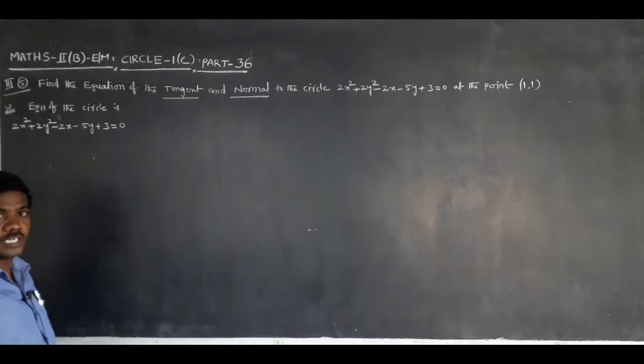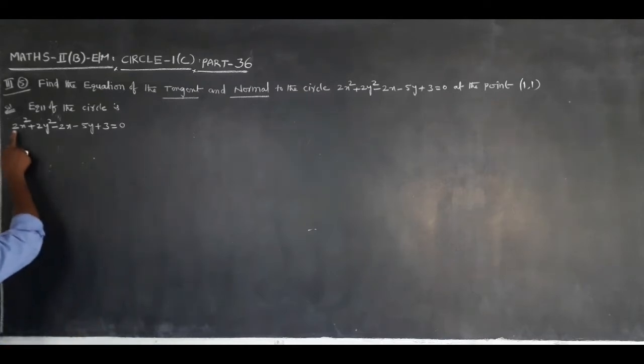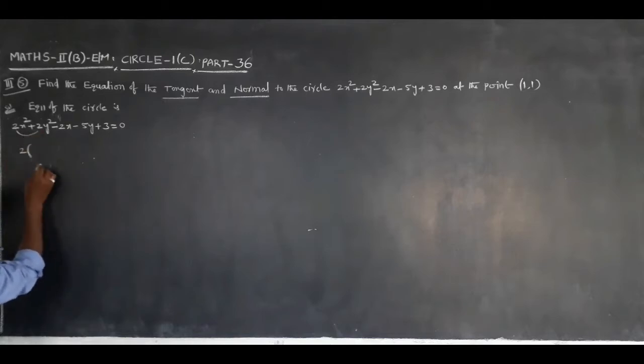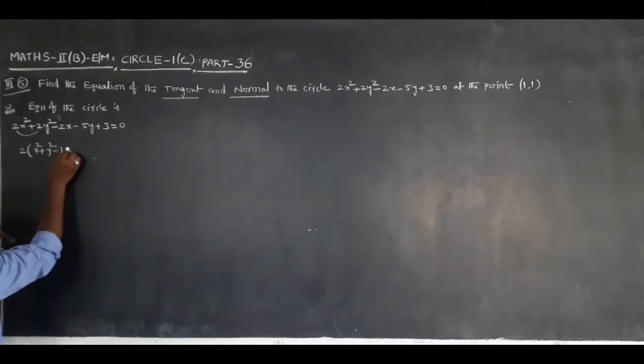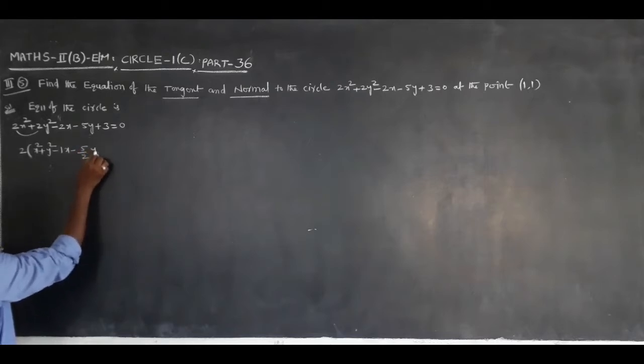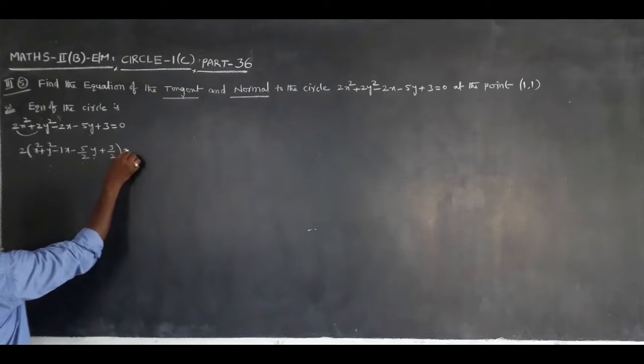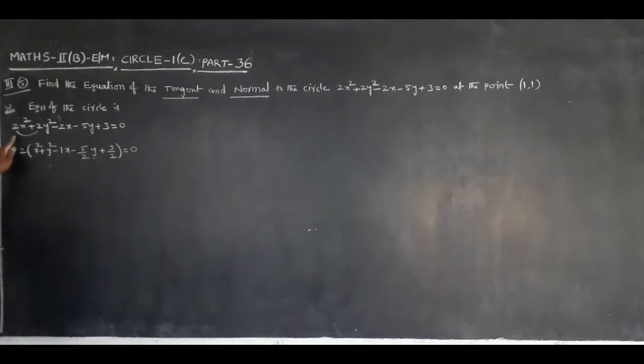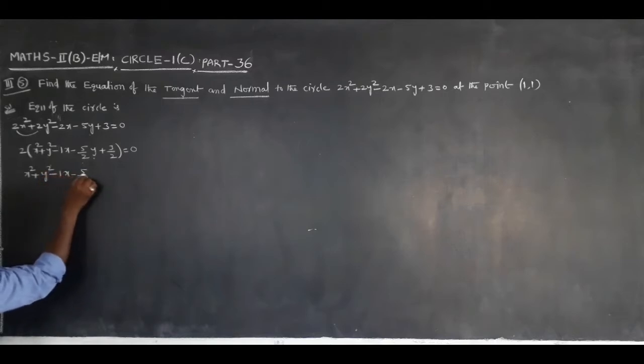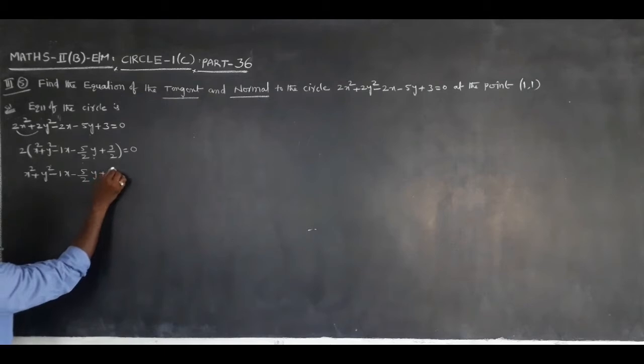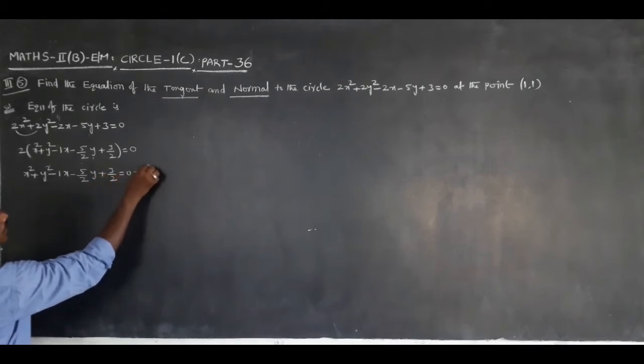The coefficient of x square and y square is 2, so taking 2 common: 2 into x square plus y square minus 1x minus 5 by 2y plus 3 by 2 is equal to 0. Taking the 2 to the right side, 0 by 2 is 0. So x square plus y square minus 1x minus 5 by 2y plus 3 by 2 is equal to 0.